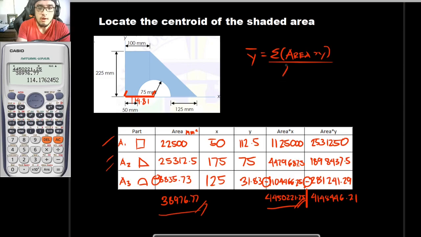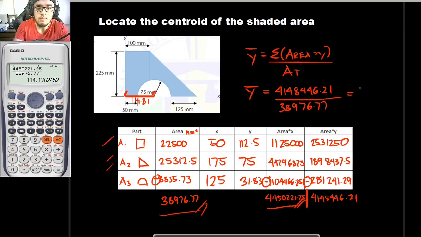divided by the total area. So bar y is now equal to the summation of area and y, 4,148,446.21, divided by our total area, 38976.77.